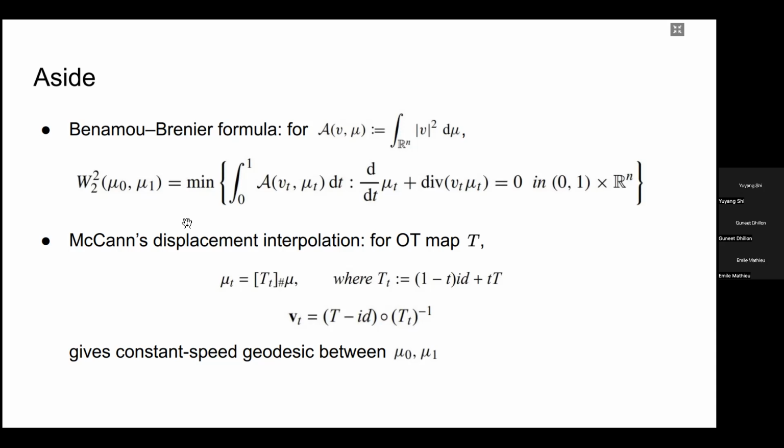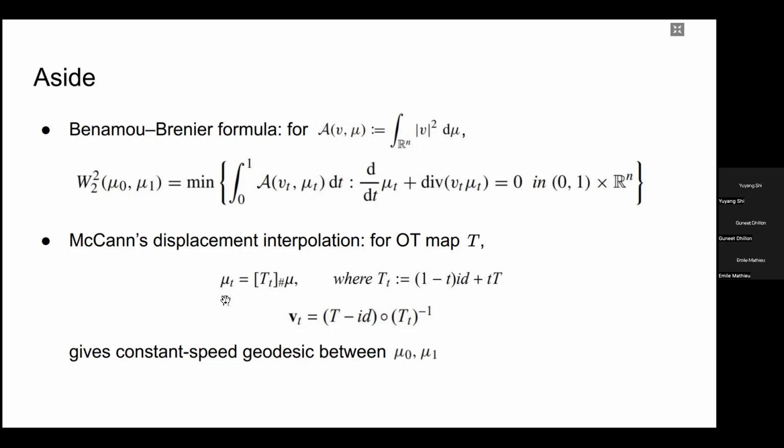Another very related characteristic of this optimal transport plan is that, for an OT map between mu_0 and mu_1, if you define mu_t to be the push forward of mu_0, where the map is the linear interpolation between before and after transport, then this gives you a constant speed geodesic with respect to the Wasserstein 2 distance between mu_0 and mu_1.